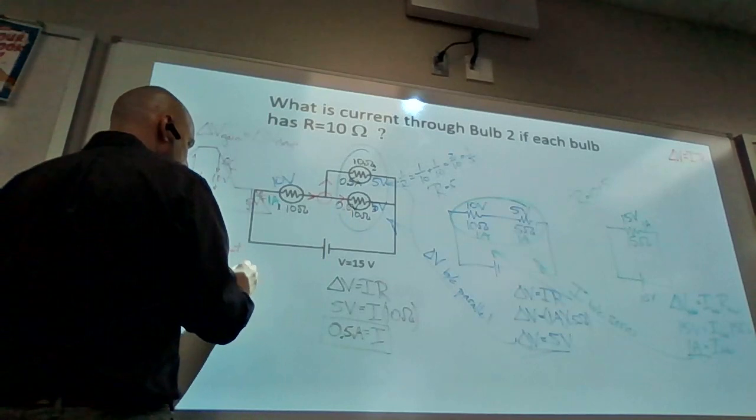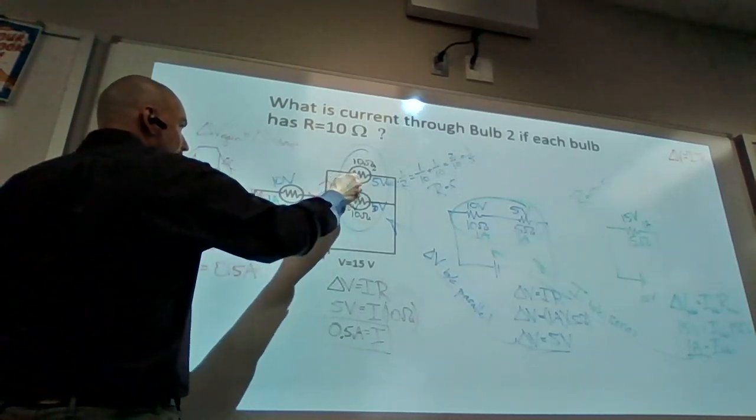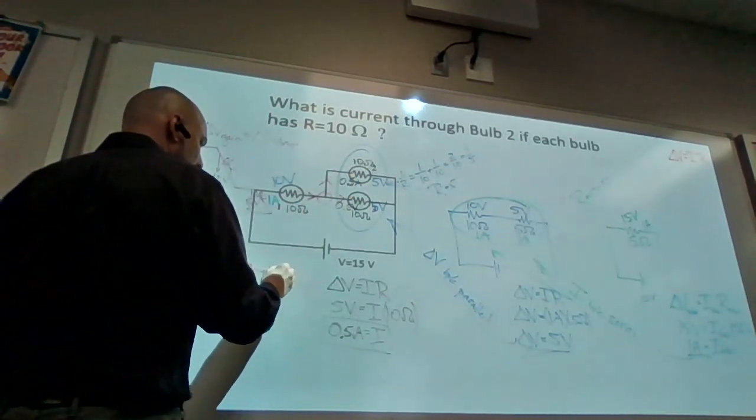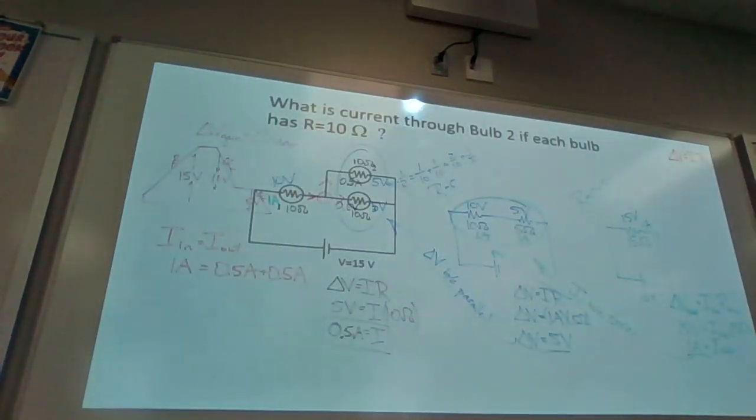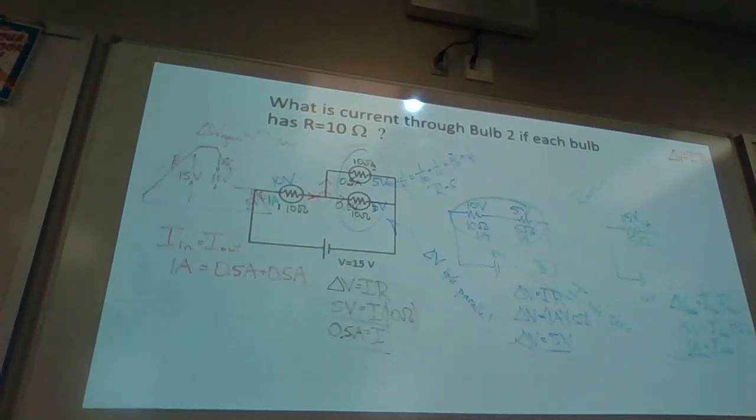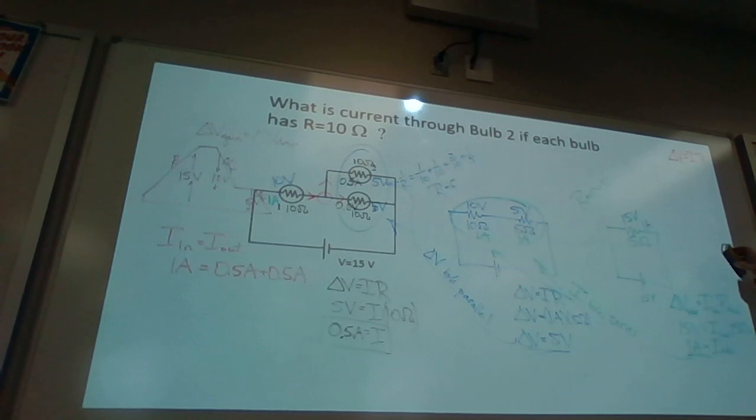I've got 0.5 amps here, and I've got 0.5 amps here. That will always work as well. So if you get desperate and you're like, oh, I don't know, those two are tried and true, those will always work. If they don't, that leads you to where you messed up. Okay? Questions there? Ready for this to go away?